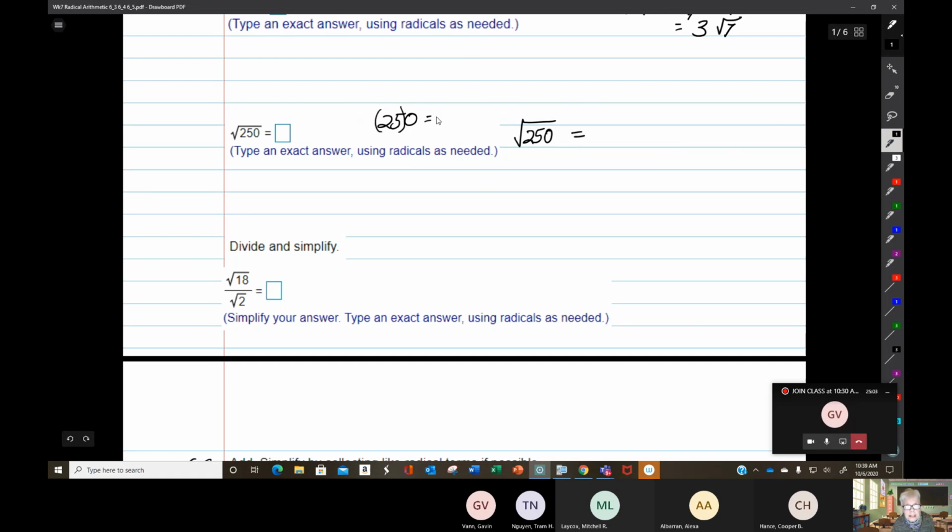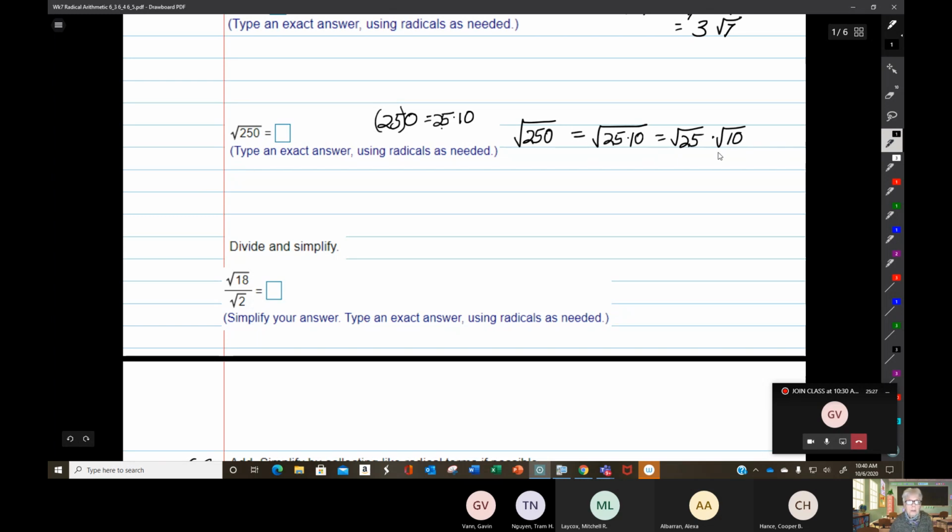So 250 is 25 times 10. And 25 is a perfect square. So this is very convenient. The square root of 25 times 10 equals the square root of 25 times the square root of 10.